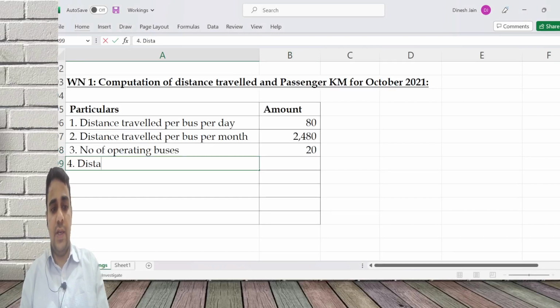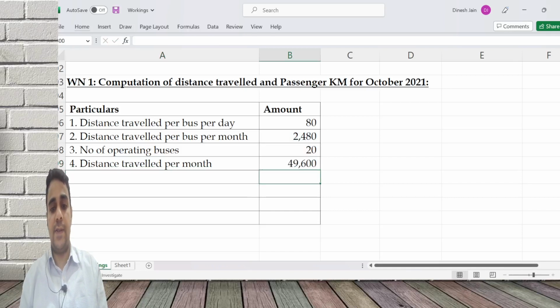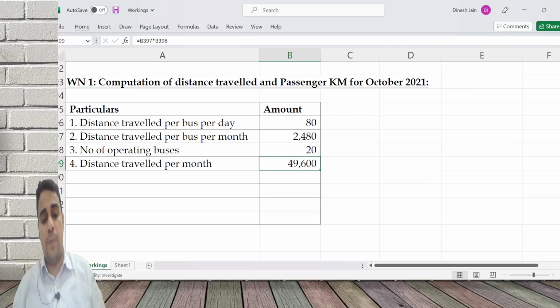So distance traveled per month is 2480 into 20 buses, 49,600 kilometers we are going to travel in the month of October 2021. This is indirectly for all 25 buses put together because 5 buses anyway don't operate.